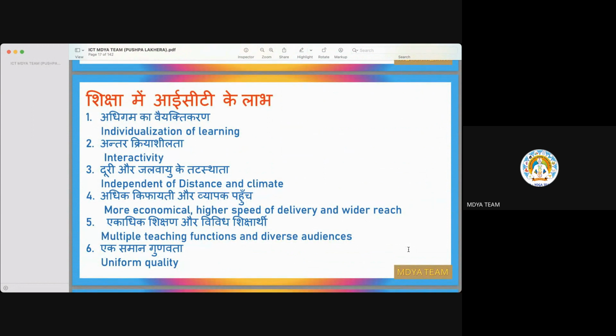So what are the advantages? We have seen these all are the advantages. Individualization of learning, you can learn by yourself. Interactivity, independent of distance and climate. You can highlight these 6-7 points: independent of distance and climate, more economical, higher speed of delivery, and wider reach, multiple teaching functions and diverse audience, and uniform quality.